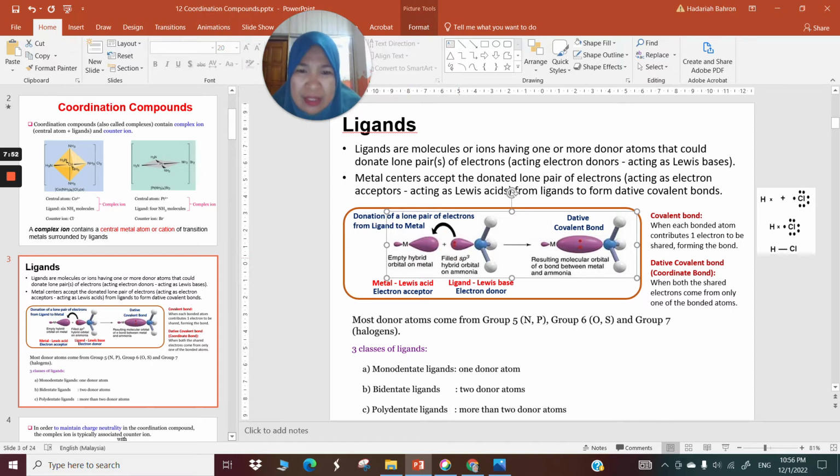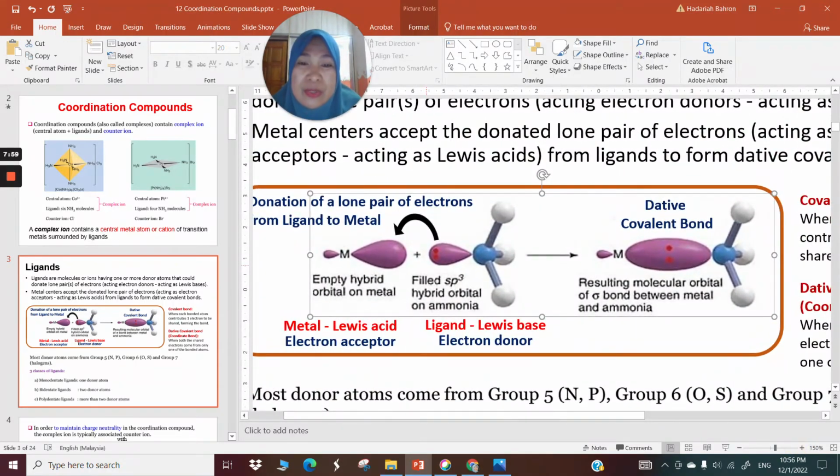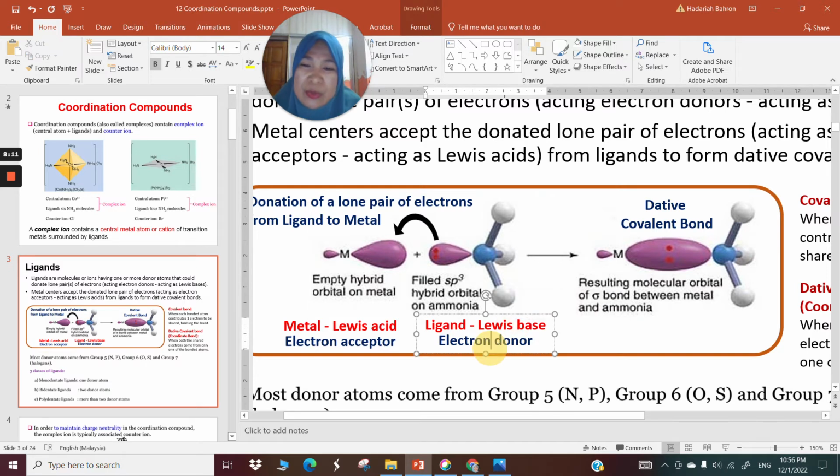So can you see the 2 red dots there? Let me highlight. I don't know whether you can see it. The 2 red dots there, the 2 electrons that make a lone pair being donated to the metal atom into this empty hybrid orbital. So your ligand is acting as a Lewis base, electron donor, and your metal is acting as a Lewis acid and electron acceptor.